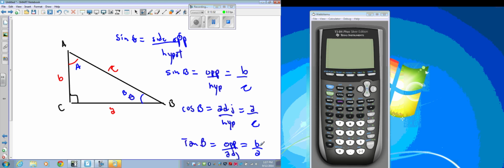Are you following me? Now, let's look at angle A. The sine of A is going to be opposite over hypotenuse, and the opposite is a, so sine of A is a over c.